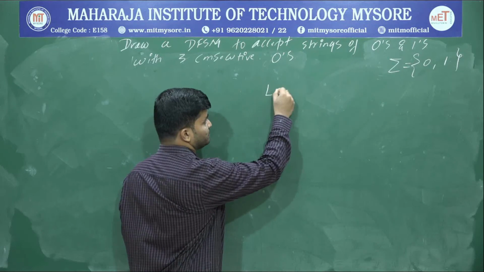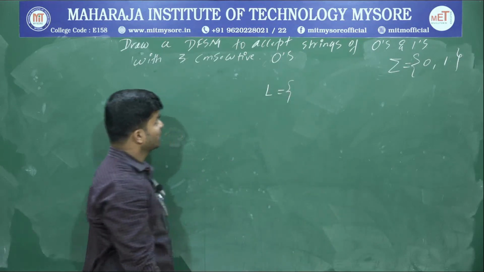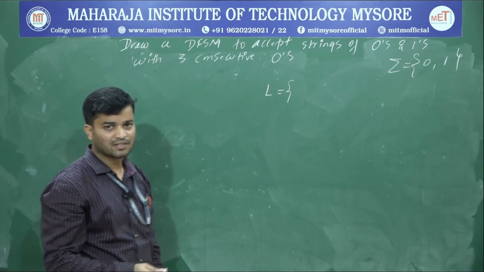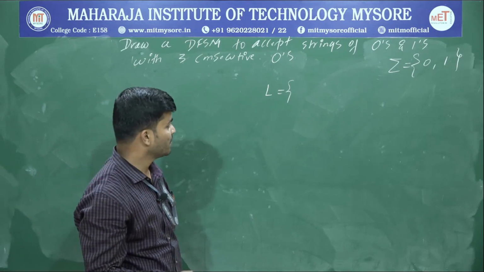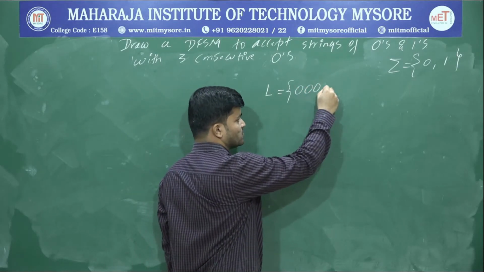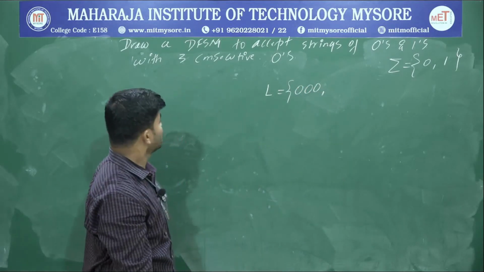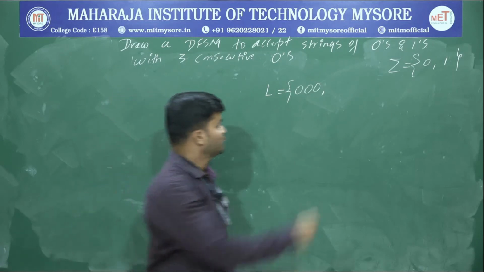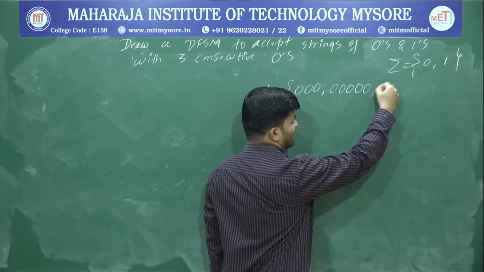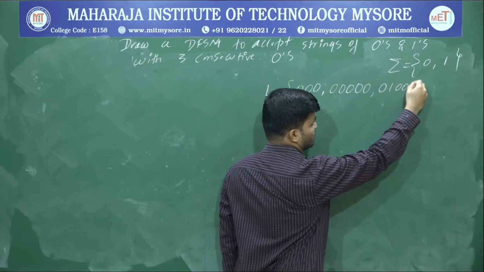After writing sigma, the next thing is to write the language. There should be at least 3 consecutive zeros in your language. Therefore, in the worst case, I will get 3 zeros. I can write even 4 zeros, 5 zeros, or 0 1 0 0 0.